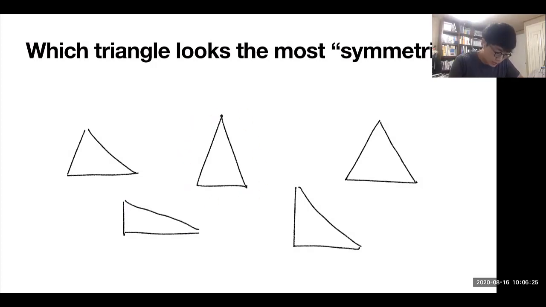Yeah. So I agree that most of you will also agree that this isosceles triangle is somehow more symmetric than, say, some scalene triangle, such as this one. Okay, and why would you argue so? What's something special about this isosceles triangle?